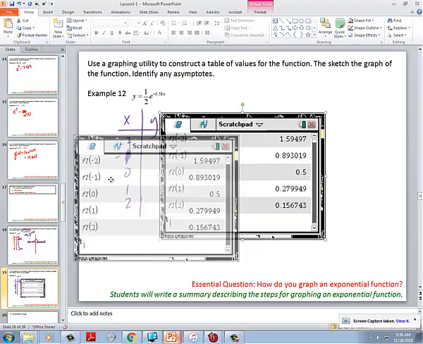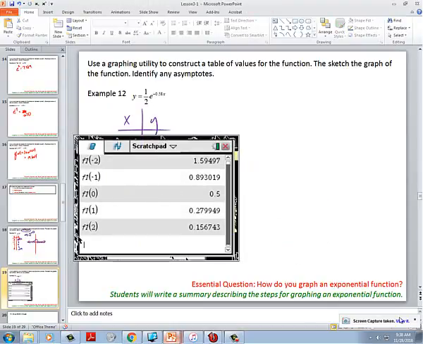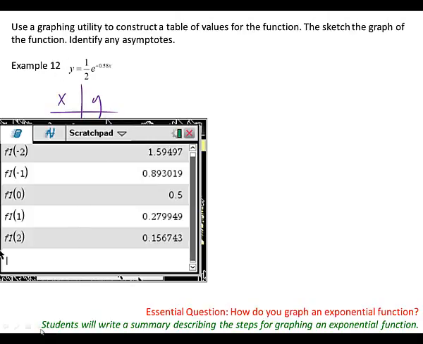Okay, there's my new t-chart. How do you like that? That's really cheating, isn't it? There we go. X, Y. Pretend it's 3 decimal places.